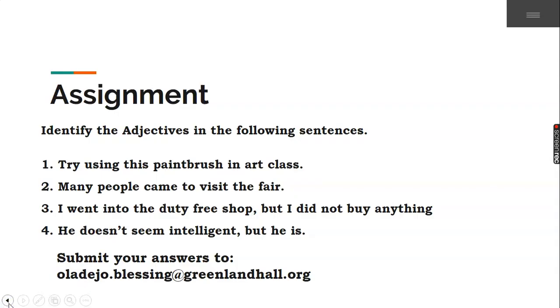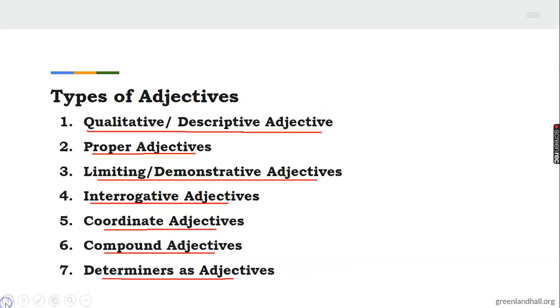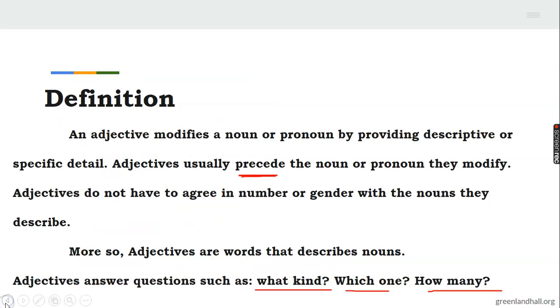Don't forget we have our adjective. You say it modifies a noun or pronoun by providing descriptive or specific details. And we also say adjectives usually precede the noun or pronoun that they modify. Adjectives do not have to agree in number or gender.